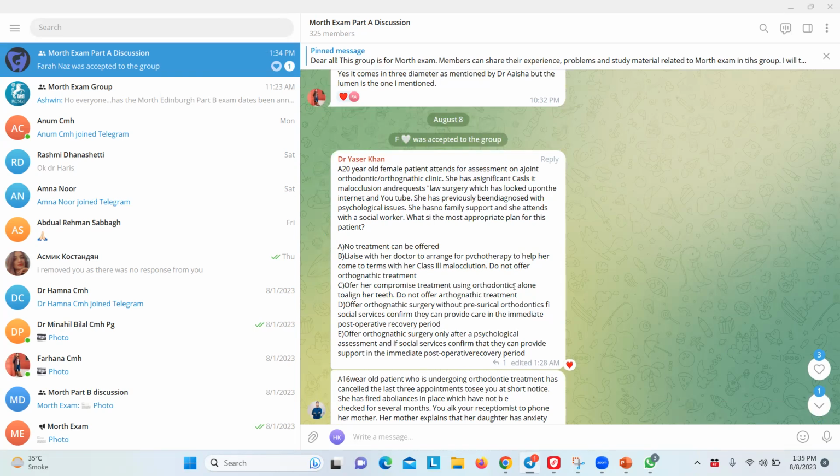I think they have mentioned a significant class 3, but it was something different. Offer surgery without pre-surgical orthodontics. If the social services can provide care in the immediate post-operative recovery period. Yes, that can offer orthodontic surgery, and if the social services can provide support. Yes, E.